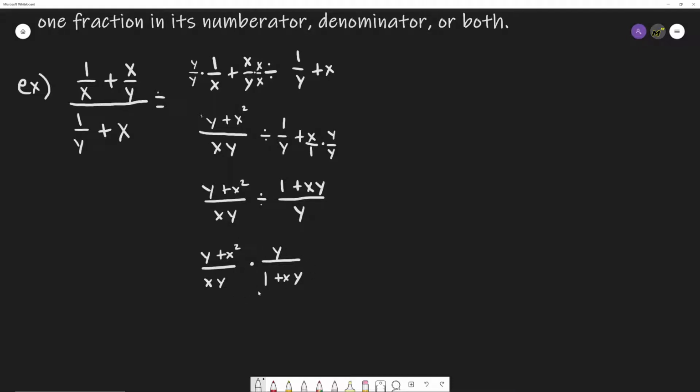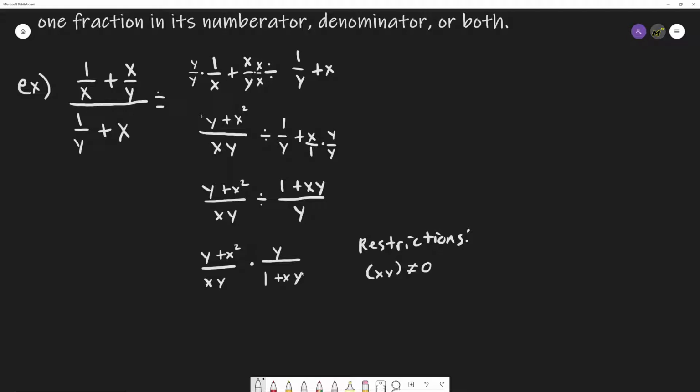At this point in time, before you cancel anything from the numerator and denominator, we have to point out what our restrictions would be. The restrictions are, well, we can't divide by 0, because we get errors like a 1 equaling a 2 or a 0 equaling a 1 if you divide by 0. So it looks like the quantity x times y cannot equal 0. So either x can't be 0 or y can't be 0.